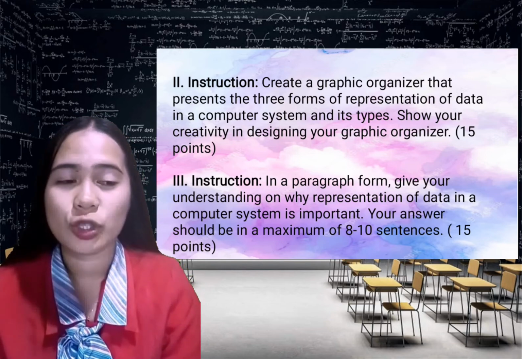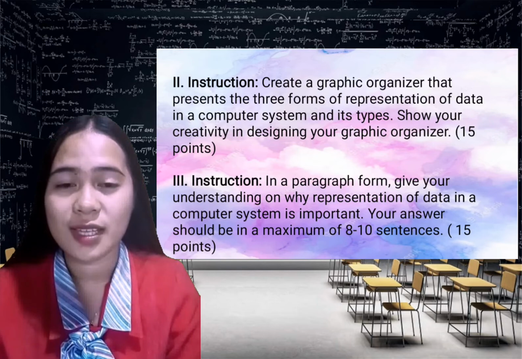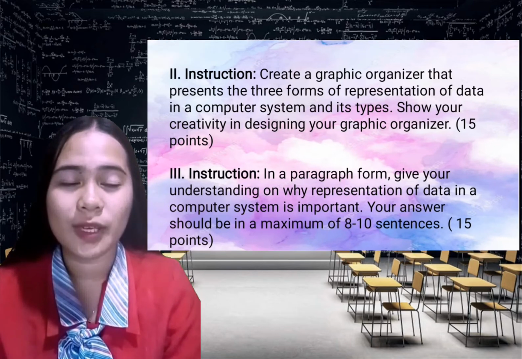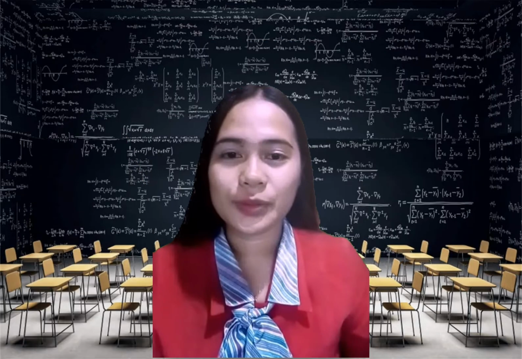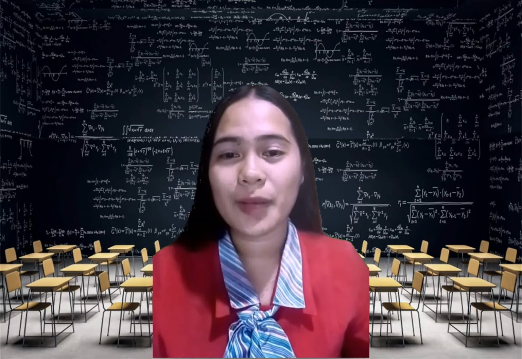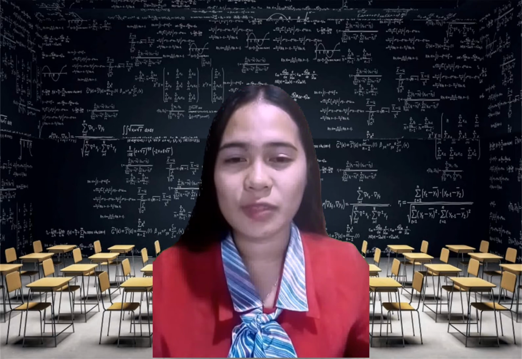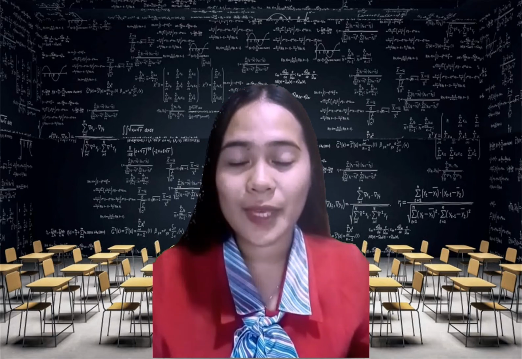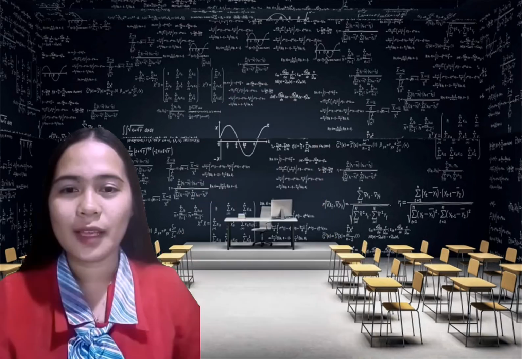Your answer should be a maximum of 8 to 10 sentences. This will be 15 points all in all. Students, please take note that your answers in this assessment will be passed in your Google Classroom for this subject. The due time will be 5 p.m. this afternoon.